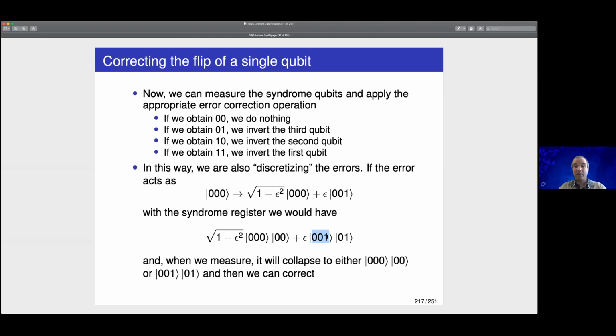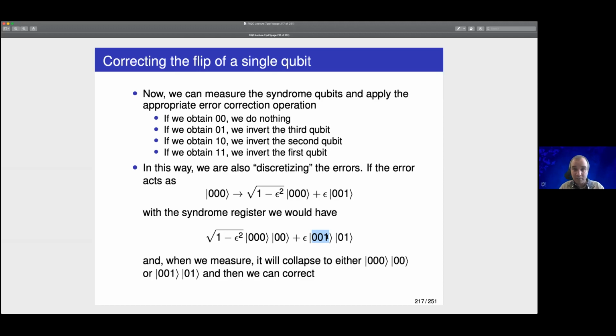So somehow in the process of trying to see what is the error that has occurred, if any, we are realizing a concrete discrete error. Before that, we had a superposition of errors, or in this case of no error with error.